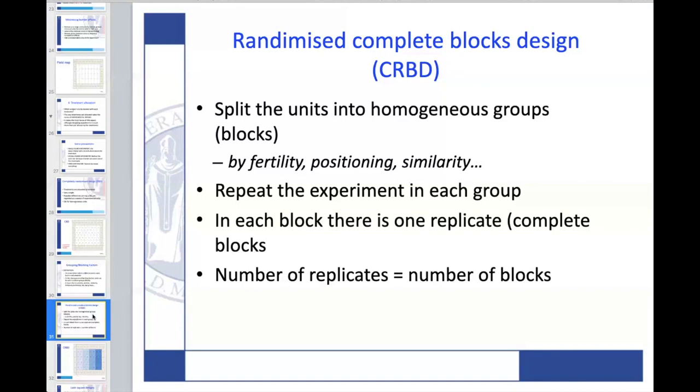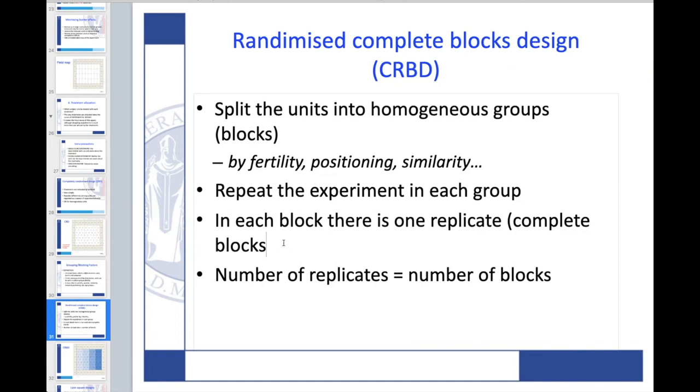Each group must contain as many individuals as there are treatments in the experiment. So in this case, we have 8 treatments. We need 8 individuals per block. It is not always so.